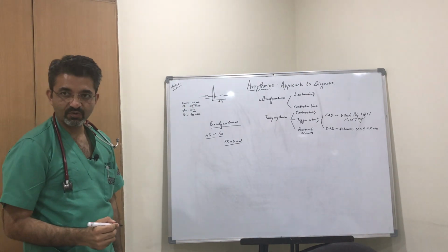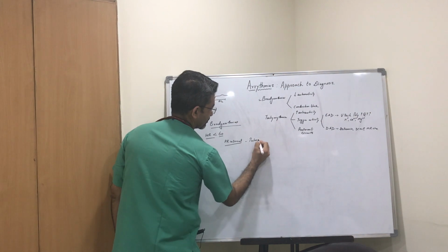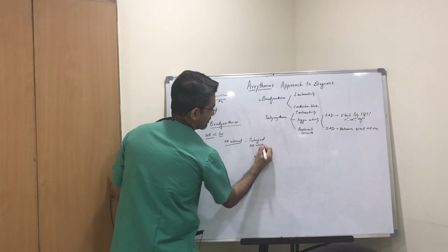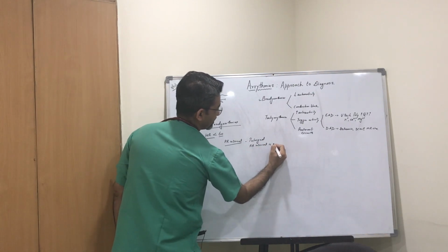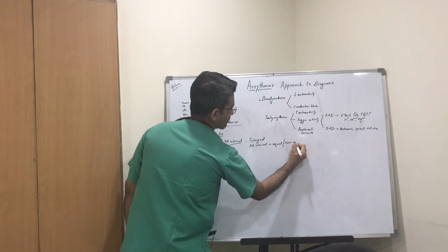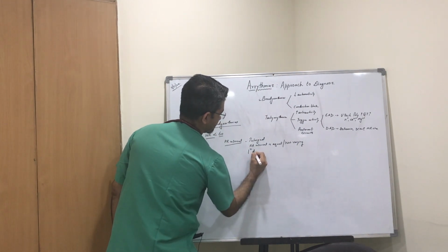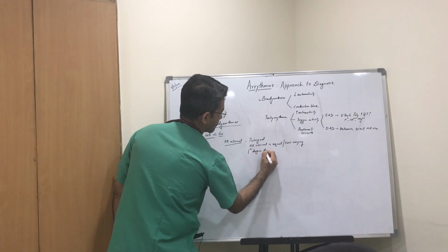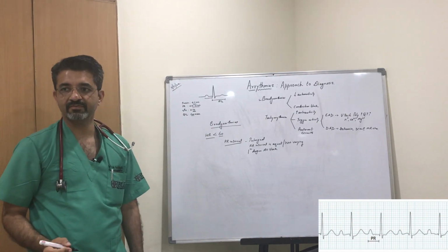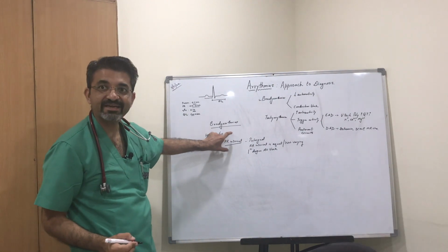If the PR interval is prolonged and the RR interval is equal or not varying, the condition is known as first degree AV block or first degree heart block, right? We are talking of problems at the AV node, right?